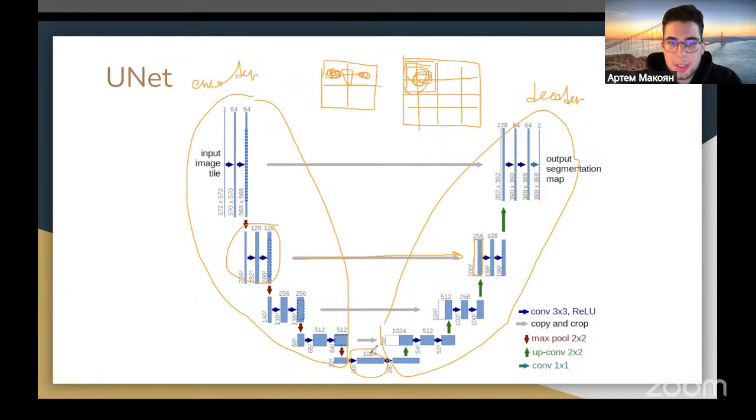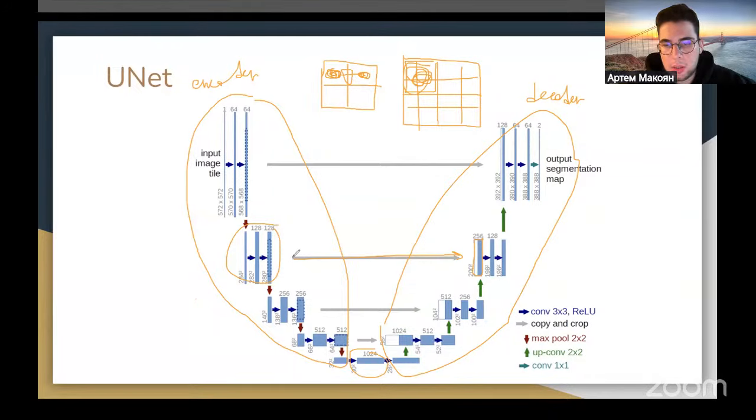This will help us spend less memory and less time, because smaller height, smaller width, smaller tensor means fast operations and fewer parameters inside the model.